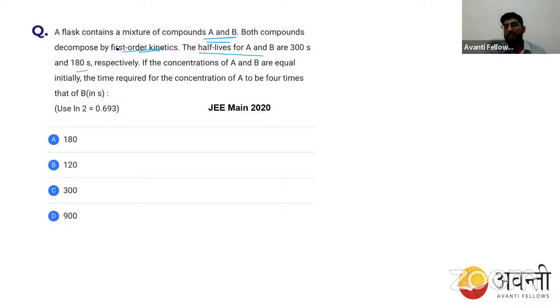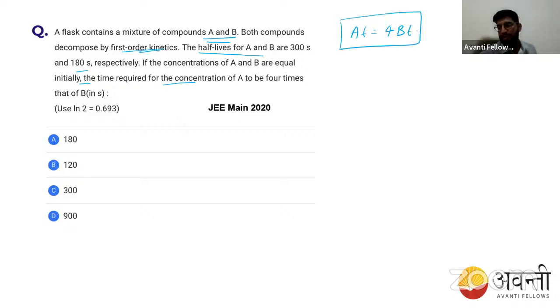If the concentrations of A and B are equal initially, we have to calculate the time required for the concentration of A to be 4 times that of B. That is, the time where the concentration of A at time t is 4 times the concentration of B at time t.